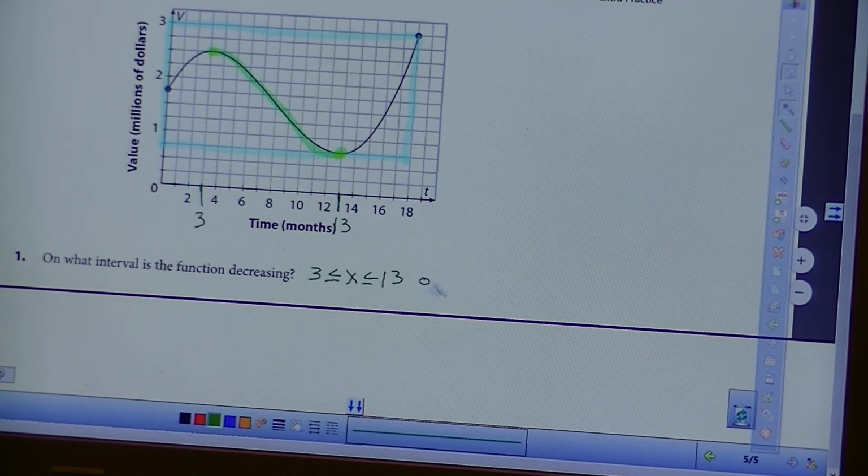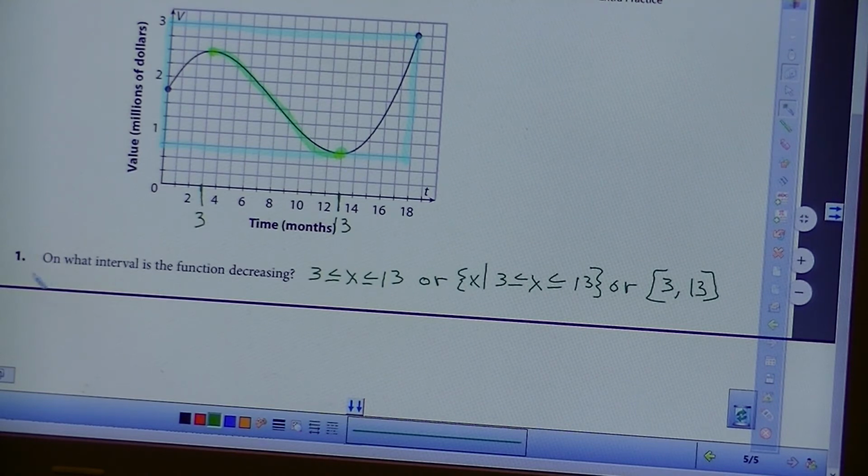Or we can say this is all x's such that 3 is less than or equal to x, which is less than or equal to 13. Or we could say this is 3 to 13, and use these square brackets right here. Okay? Because this is where it's decreasing.